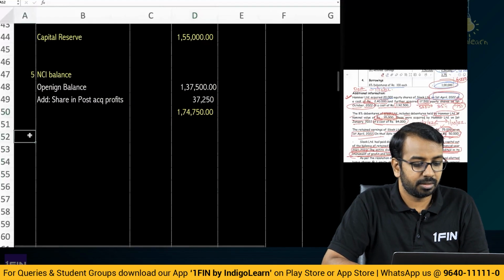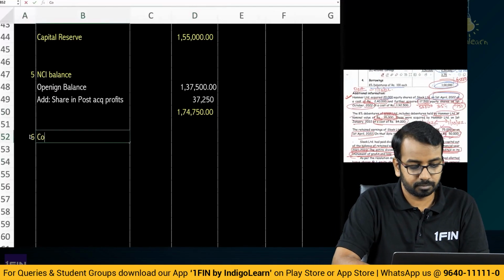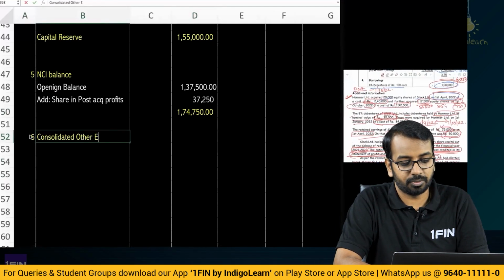Right. Then our consolidated other equity.